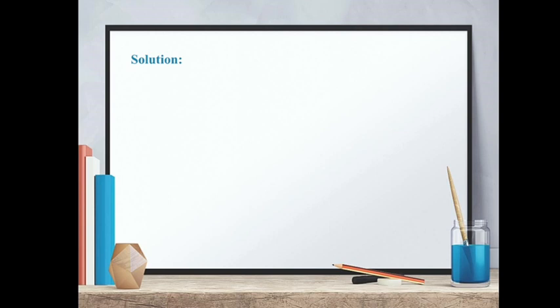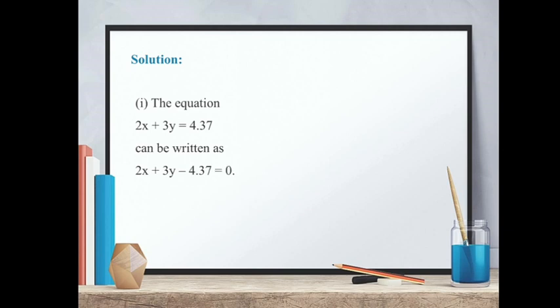So the solution is, for the first question, the equation given is 2x plus 3y equals 4.37. This can be written as 2x plus 3y minus 4.37 equals 0.